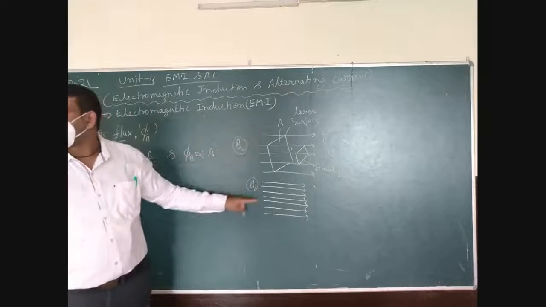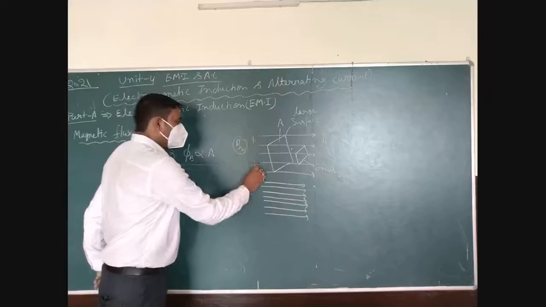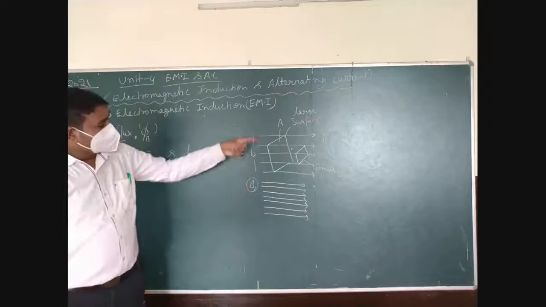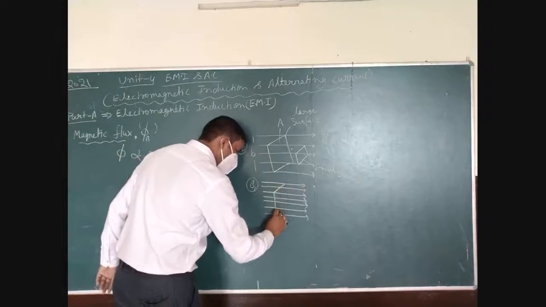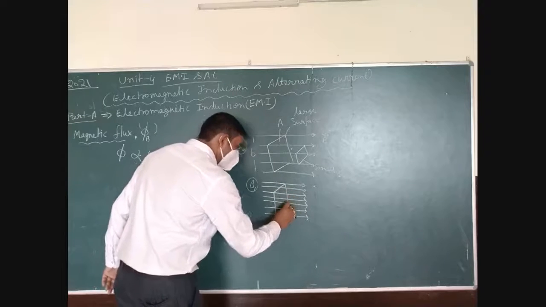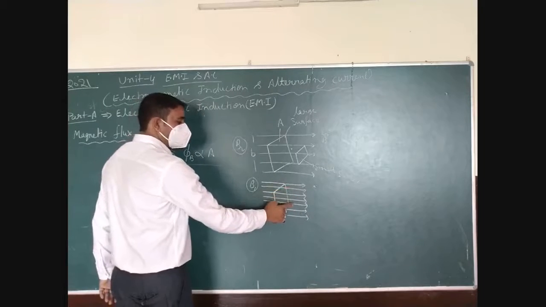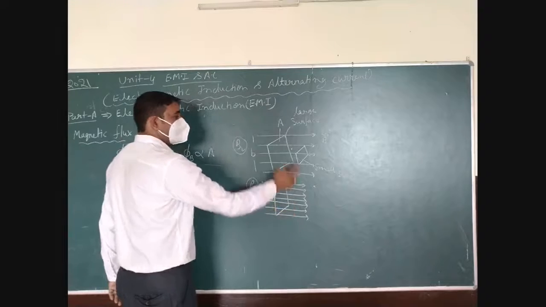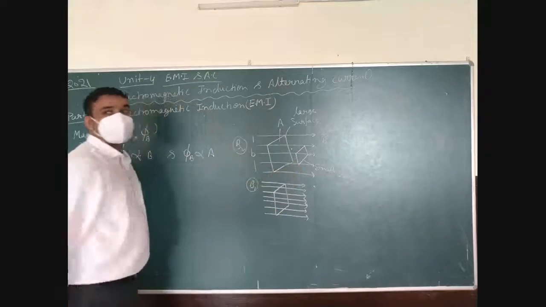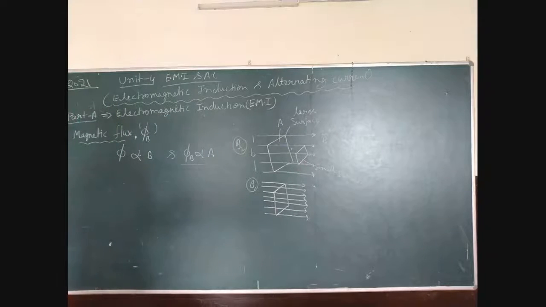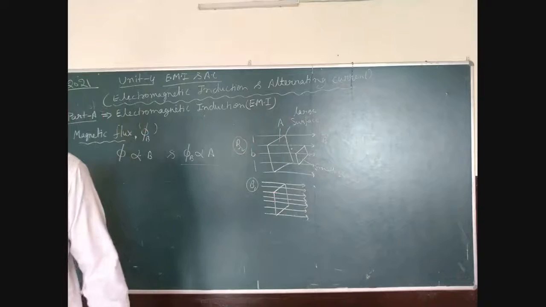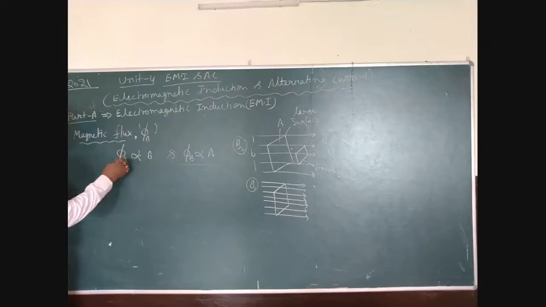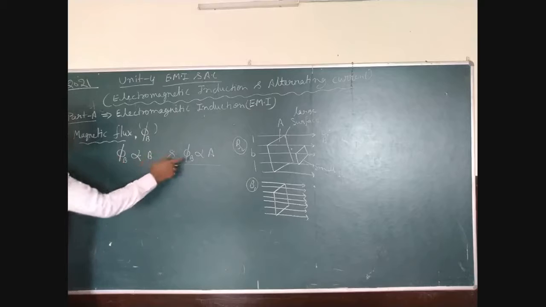In the same width, the same surface area is linked with 1, 2, 3, 4, 5, 6 and 7 magnetic field lines here, and 1, 2, 3, 4 and 5 magnetic field lines there, which means if we increase the field strength, the number of magnetic field lines through the same area increases. That means the magnetic flux is directly proportional to these two quantities.